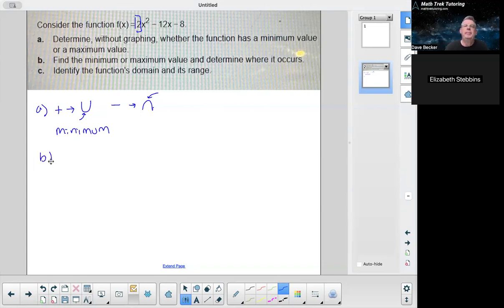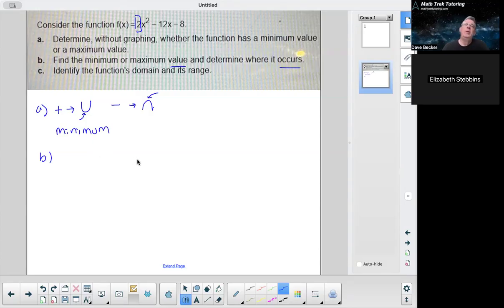Okay. So find the minimum or maximum value and determine where it occurs. Where it occurs is the value of x. The actual value, the minimum value, is the y coordinate. So you're really looking for the ordered pair.